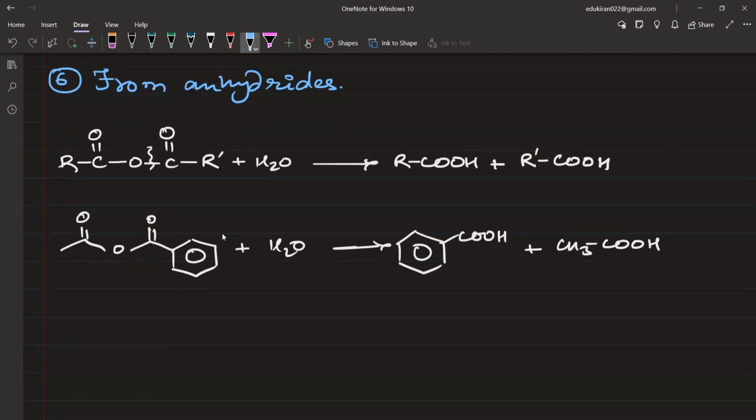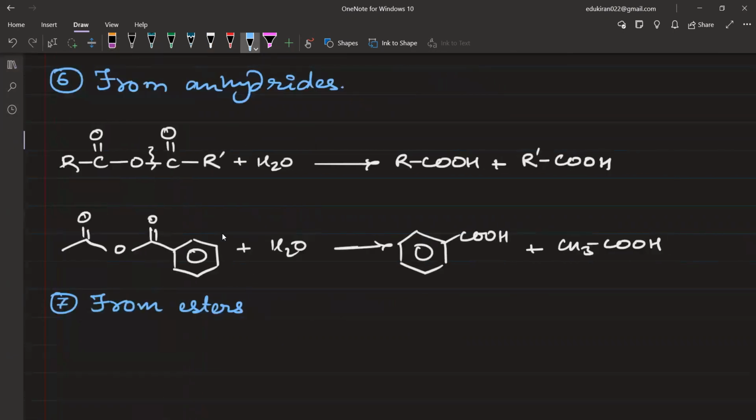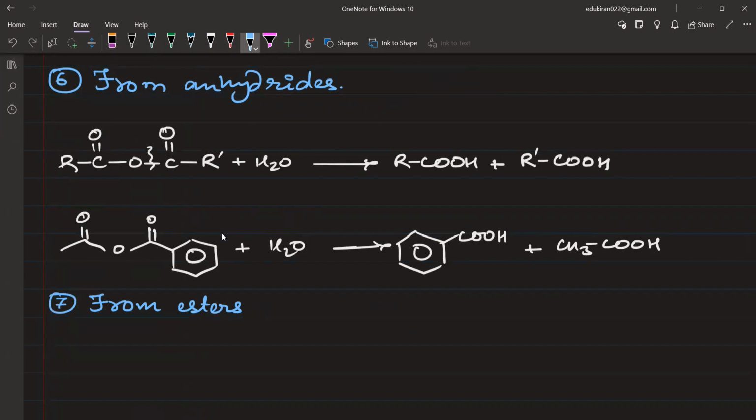Right, the last one, 7th, from esters. Write it from anhydrides one, and then we'll write about from esters.